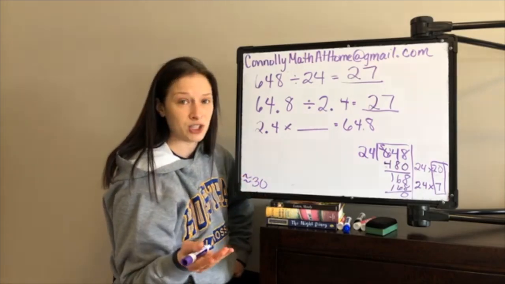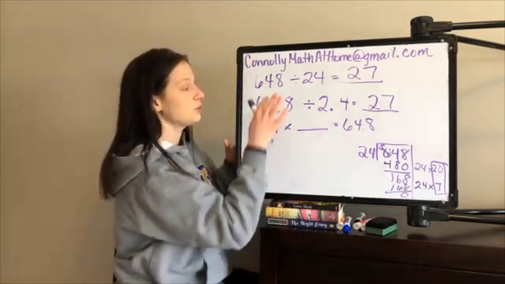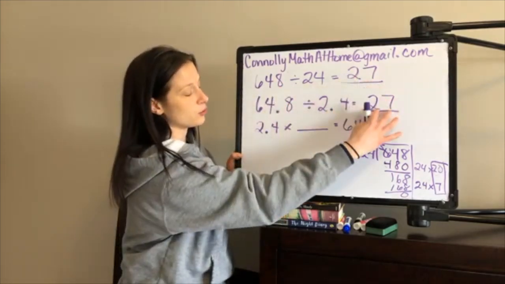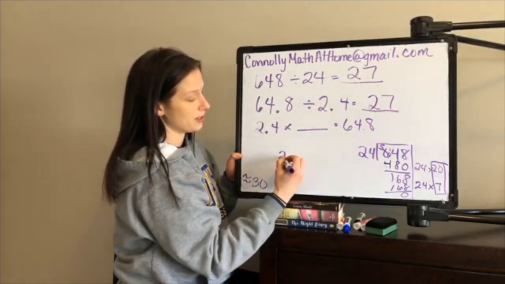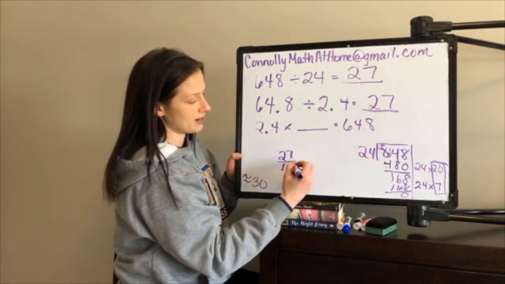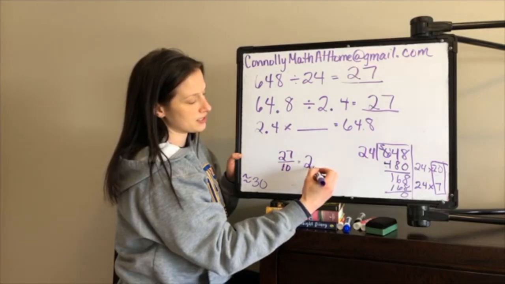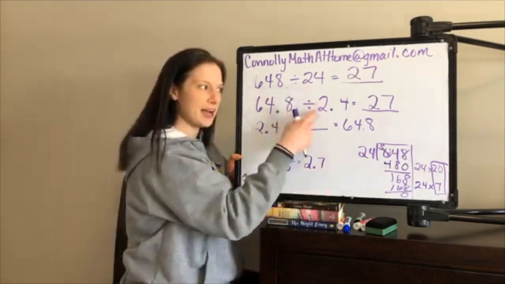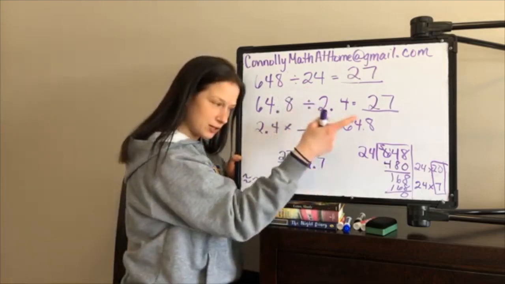So how are we going to make sure? Well, you know that if the dividend gets 10 times smaller, your quotient would have to get 10 times smaller. So if I did 27 divided by 10, I would be at 2 and 7/10. But then my divisor got 10 times smaller too.